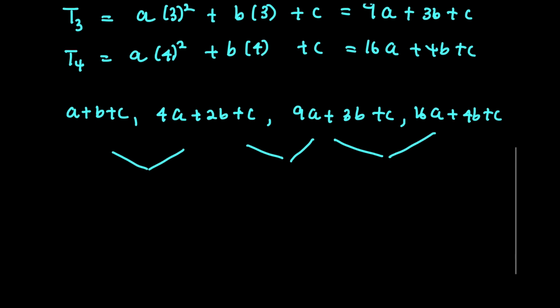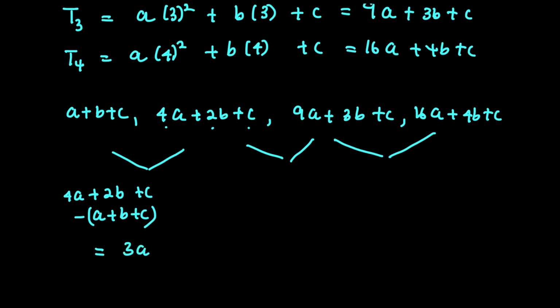So 4a plus 2b plus c minus a plus b plus c. And the answer to this is going to be 3a plus b, right? And then we're going to take this one again, 9a plus 3b plus c minus 4a plus 2b plus c.